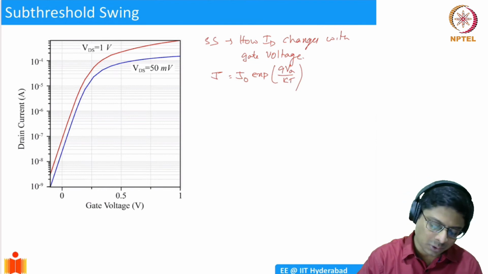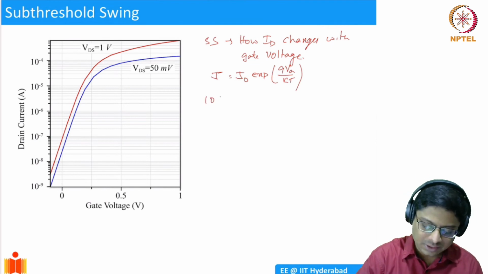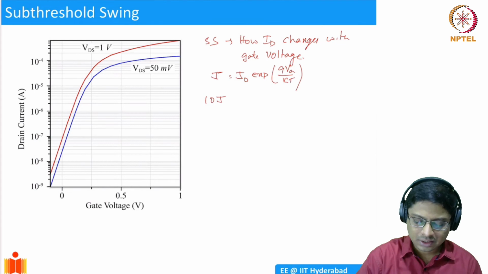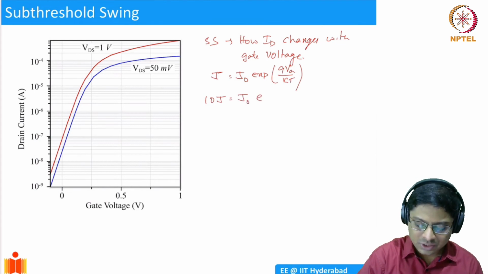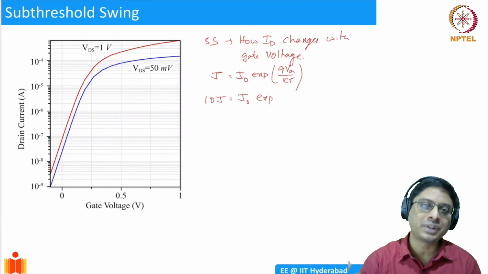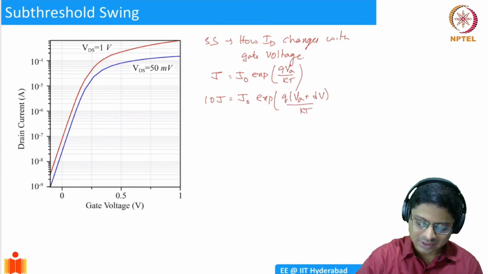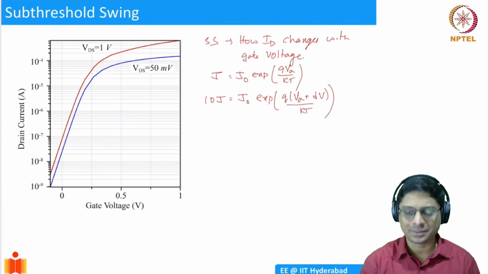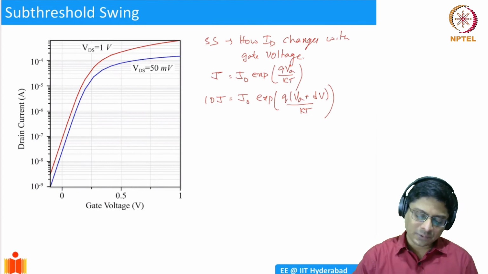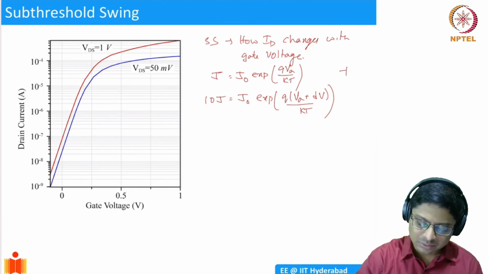For example, I want to make my current 10 times J. If I want to get this, how much extra delta V should I apply to my gate? So I'll say q(V applied plus delta V) by kT. I think I have mentioned this sometime in the course; I'm just repeating it. So let's say this is equation 1 and equation 2.